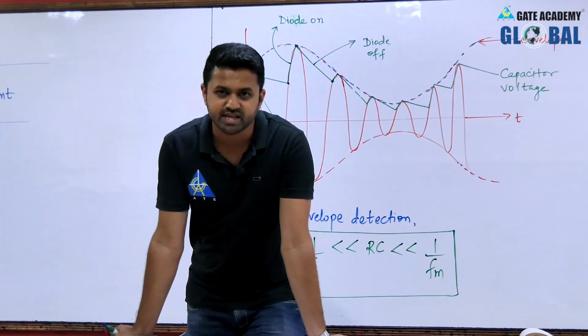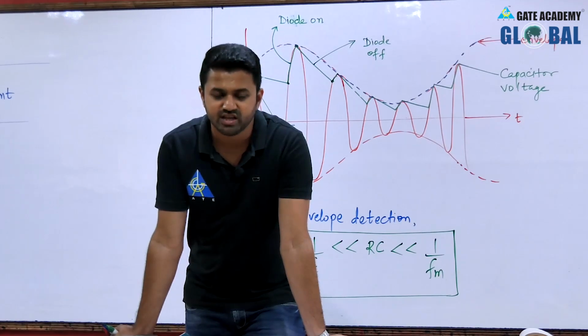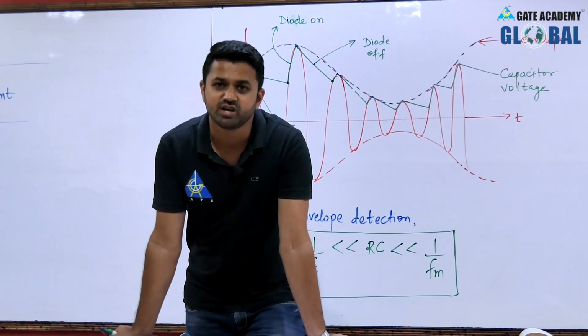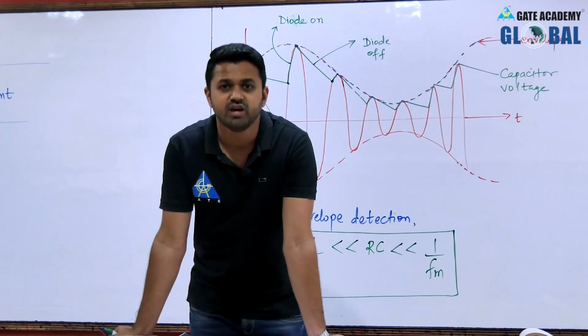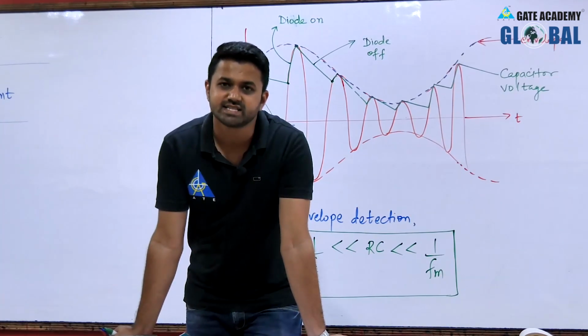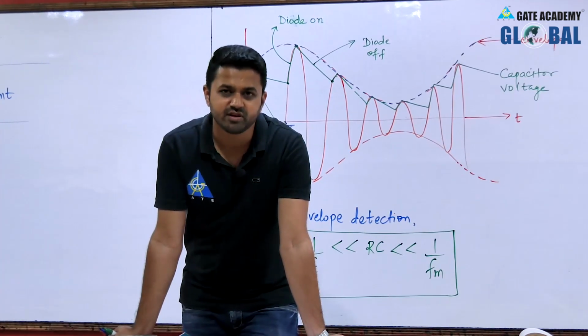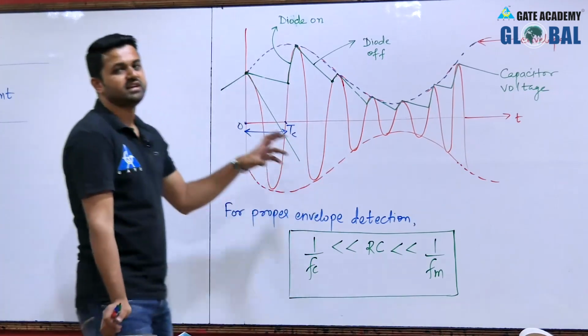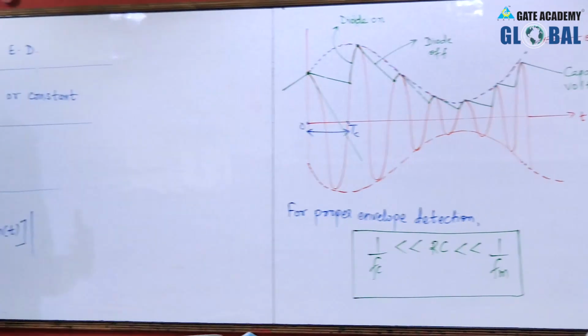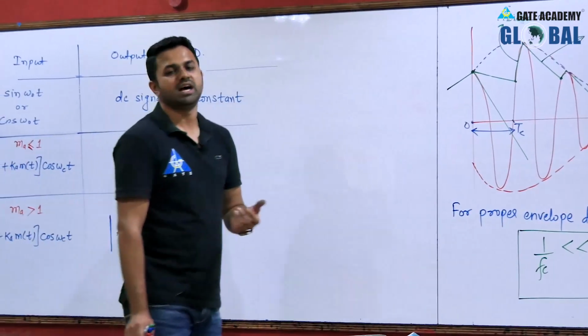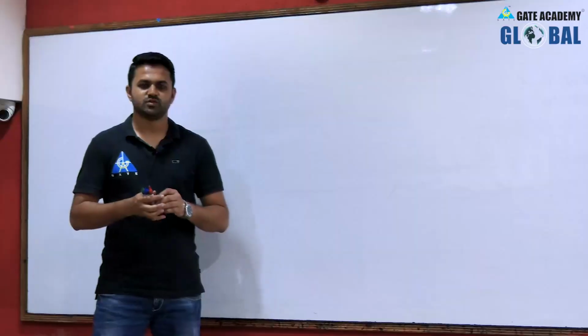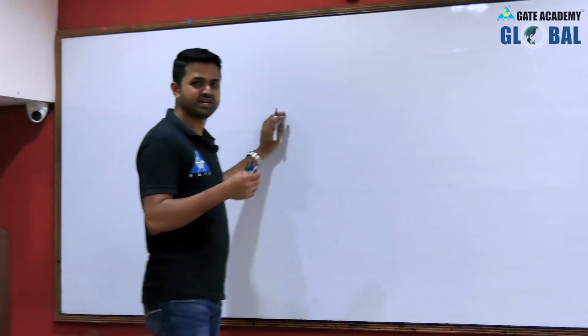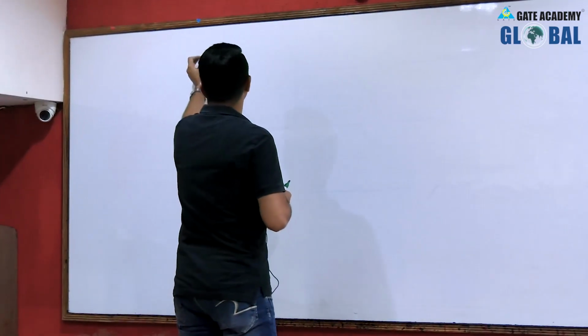What is the condition for the time constant RC? That can also be derived with the same condition, that the capacitor voltage should follow the envelope of the input. So next we will see the condition for the time constant for a single tone modulating signal.